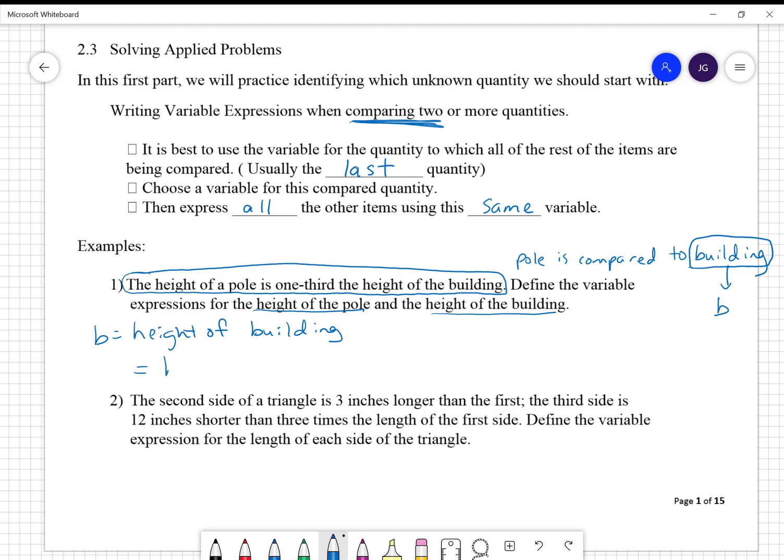Now, when I do height of pole, it's not going to be P. It has to use B. And that's going to come from the sentence. The height of the pole is 1/3 the height of the building. 1/3 B. Now I'm not solving anything. I'm just practicing this part. Writing my unknowns.